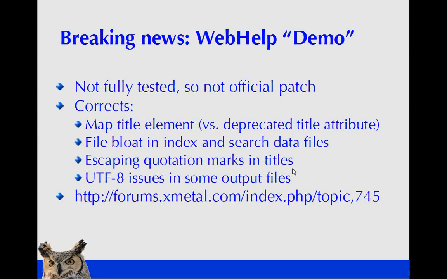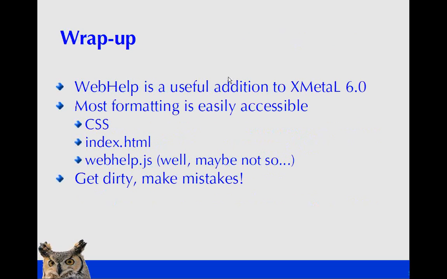If you generated multiple help projects again and again, those files, rather than being replaced, were appended to, and that's being corrected. There were some problems with quotation marks appearing in titles. Those are now escaped. And some of the data files weren't true UTF-8 or Unicode files, and that has also been corrected. So if you want to grab this demo and start playing around with the newer stuff, then go to the forums and look for topic 745.